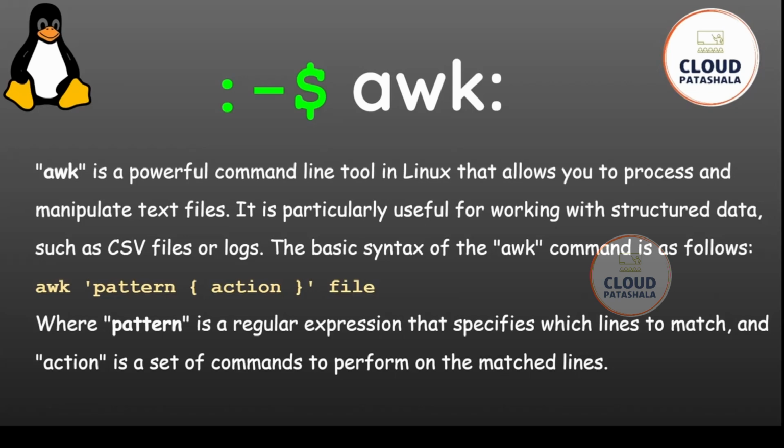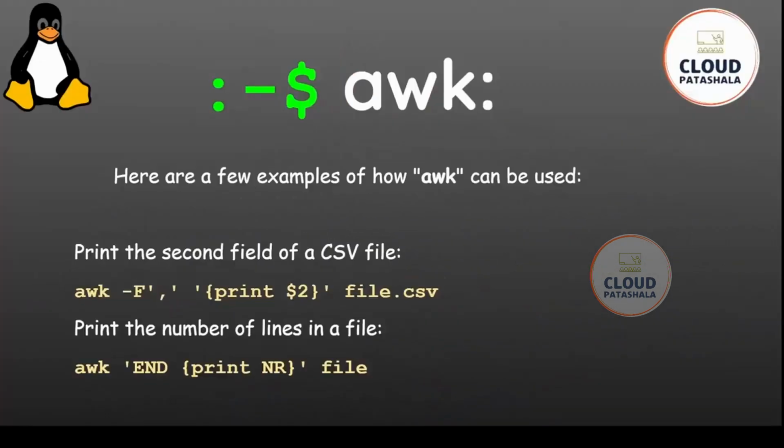You could type in awk, a certain pattern and an action that you would like to do with it, and the name of the file that you would like to read through, where pattern is a regular expression that specifies which line to match, and action is a set of commands to perform on the matched lines. Here are a few examples of how awk can be used.